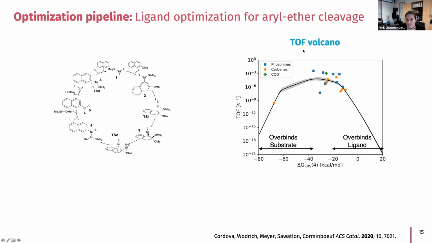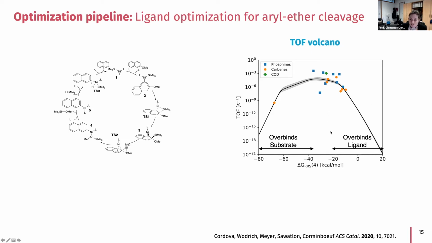This is a TOF volcano, meaning that this time you don't have the potential determinant step on the y-axis, but you have the turnover frequency. What we realize is that the meaning this time is not exactly binding the substrate too much or too weakly, because it's not like in a cross coupling here. So the two sides have a very different meaning, which is not the case in electrocatalysis, where the meaning remains very consistent.